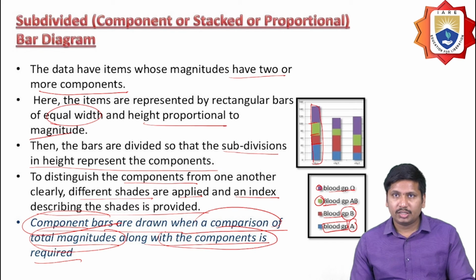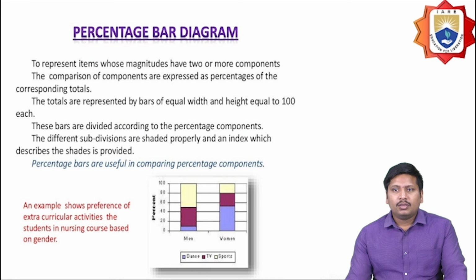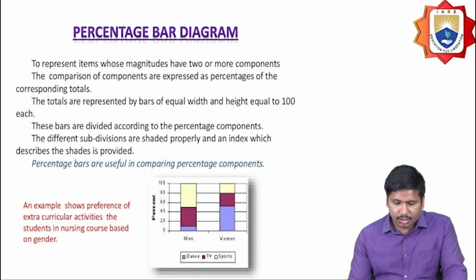And the next one is the stacked or component or proportional bar. That means within the bar itself I can make the composition, and similarly these items are represented through rectangle bars of equal width only, and height should be proportional to magnitude. And the next one is the percentage bar diagram. Within that bar itself I can make the classification into different partitions based on the percentage.